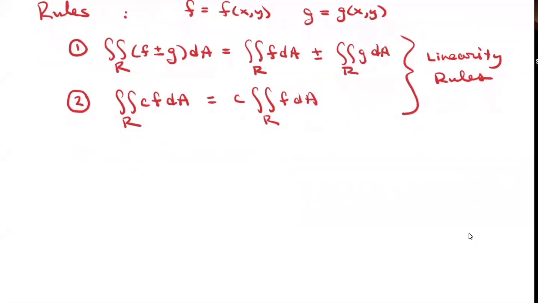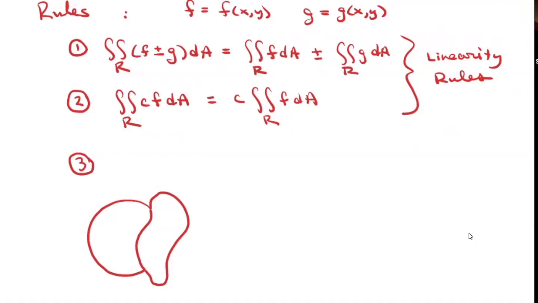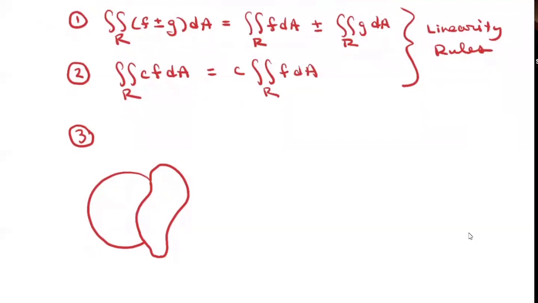Let me do a picture for 3, and then the rule makes sense. So let's have a D1 and a D2. I'm going to do it like this. This is R1, this is R2.